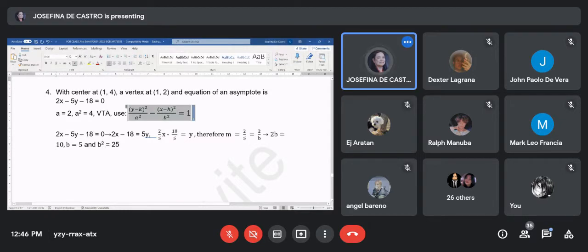So, kumpleto na ako. Ang answer ko ngayon, ang HK ko ay 1, 4. y minus 4 quantity squared over A squared, which is 4, over... x minus 1 quantity squared over 25 equals to 1. Ito na po yung sagot.